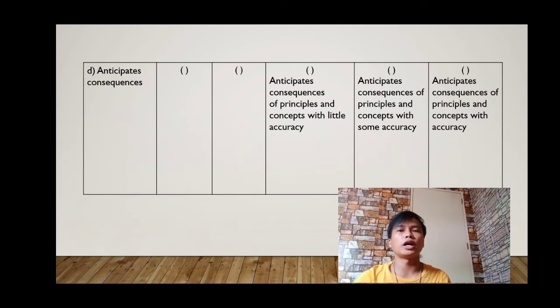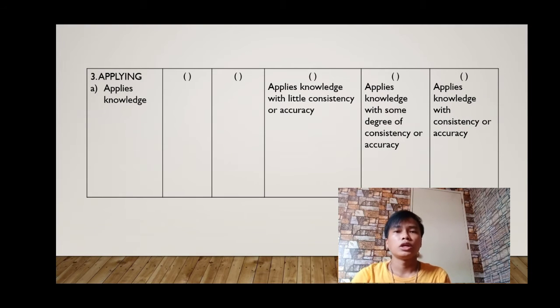So let's proceed to the next cognitive task, which is applying. An example of this is, first, the student applies knowledge. Like the word applying. So in the beginner category, the students can apply knowledge with little consistency or accuracy.